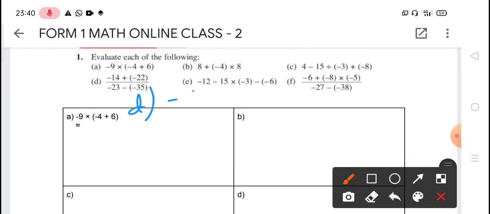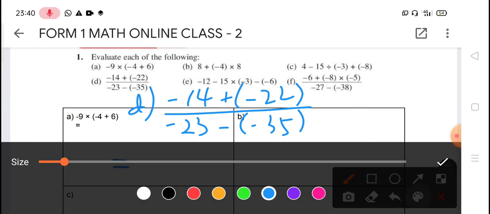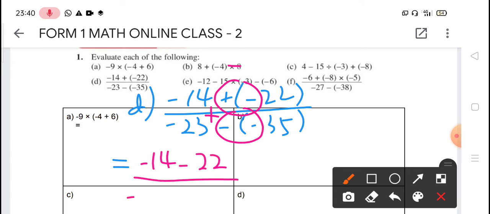Alright, next we do question D. Question D, negative 14 add with negative 22 divide by negative 23 minus negative 35. So what we'll do here is simplify these symbols. Positive, negative, negative. Negative, negative, positive. So what we write here is negative 14 minus 22. Now here will be negative 23 add with 35.